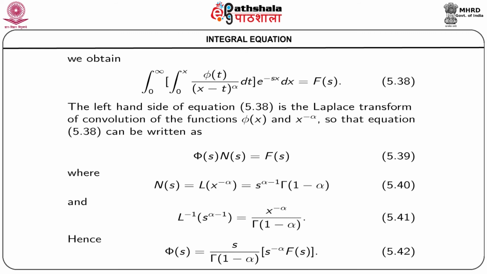So that in equation 5.40, the Laplace transform of x to the power minus alpha can be calculated to be equal to s to the power alpha minus 1 into gamma 1 minus alpha. Hence, if we take the inverse of s to the power alpha minus 1, we get back x to the power minus alpha by gamma of 1 minus alpha.